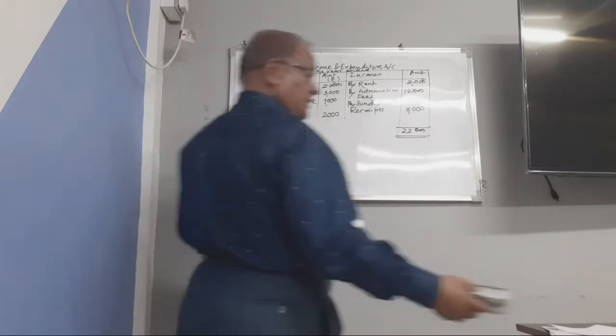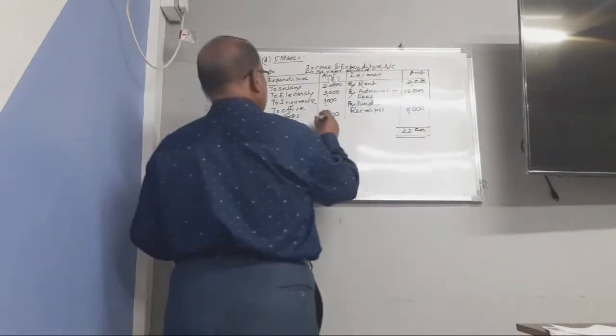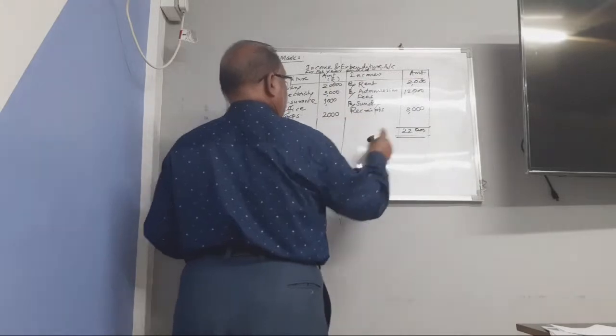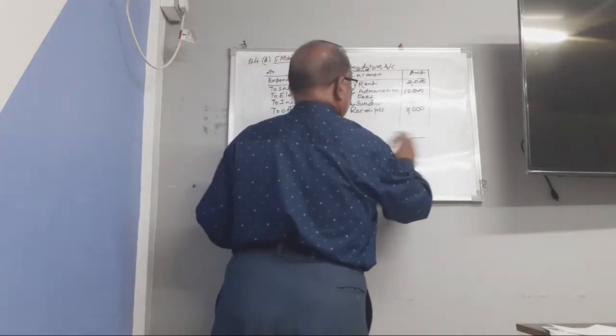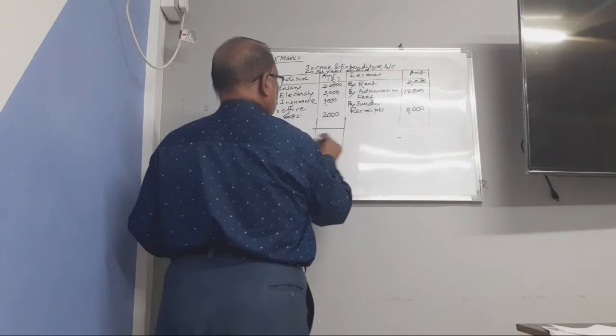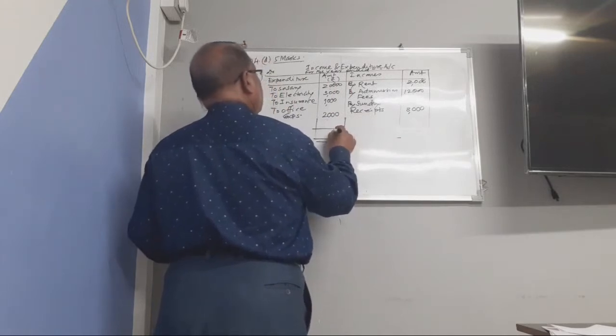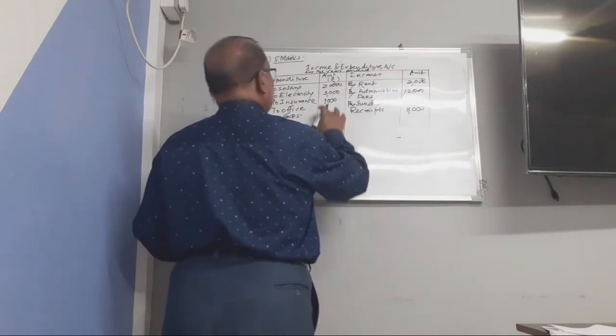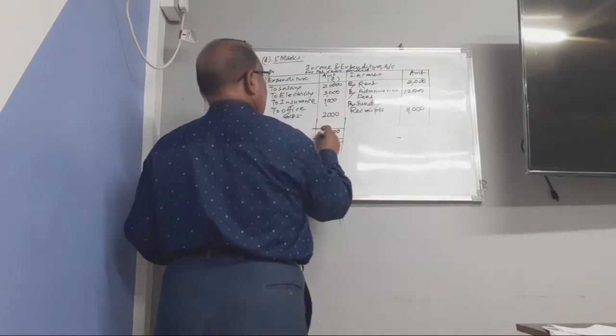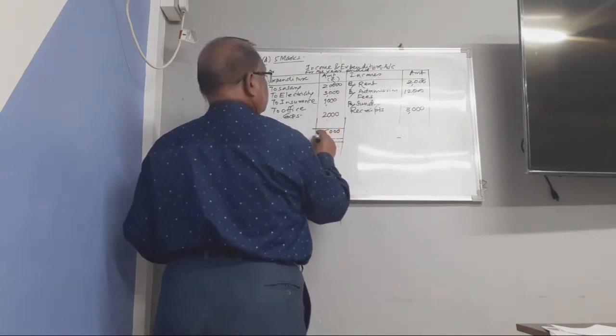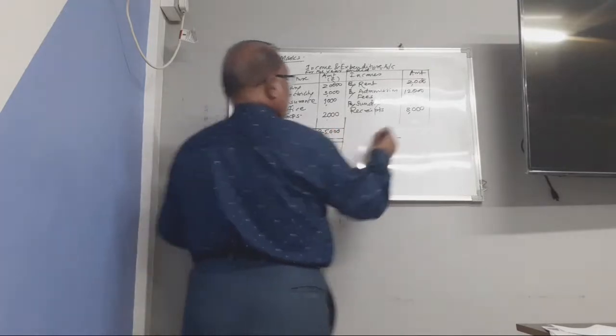Because the debit side is heavier, expenditure is more. Therefore, you will get a deficit. Take this total: 25,000.